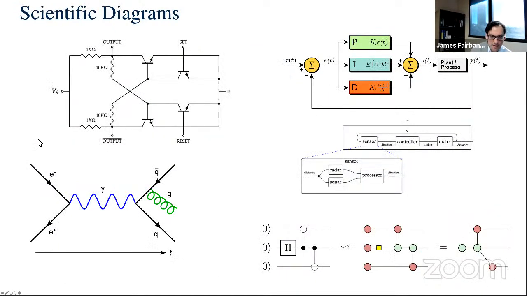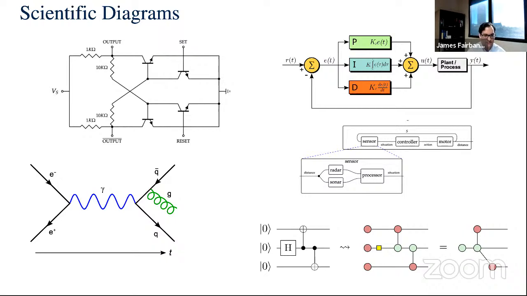So I'm really motivated in this area by scientific diagrams. When you look at scientific computing or just scientists describing models and systems and physical theories to each other, they often adopt some kind of graphical notation that they use to describe their processes or systems.